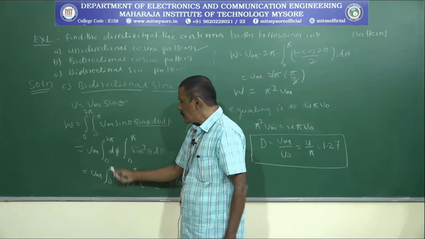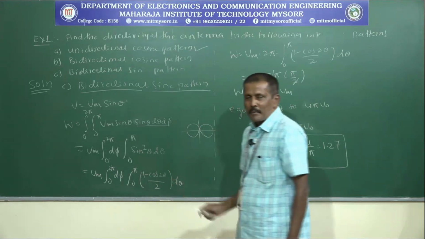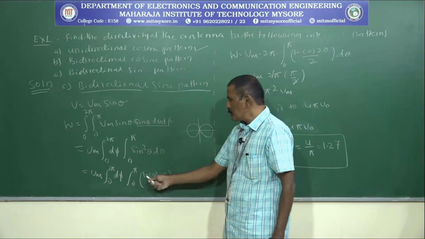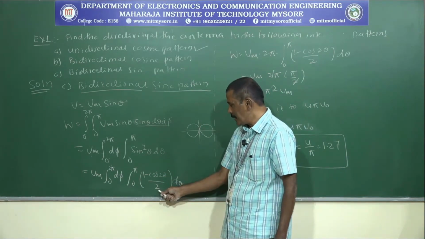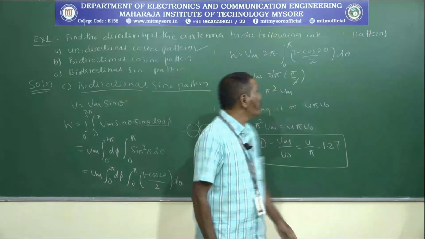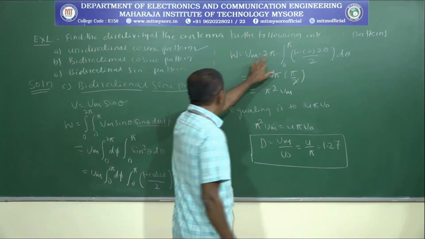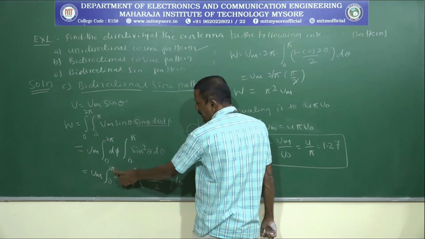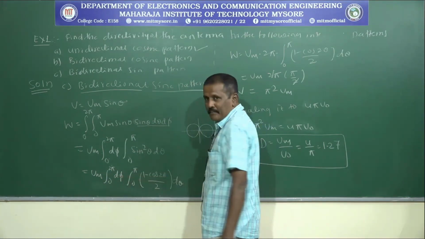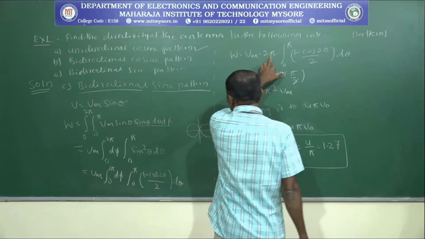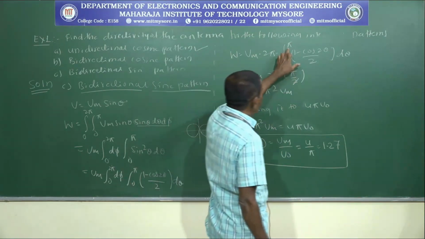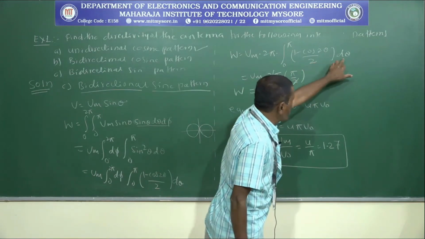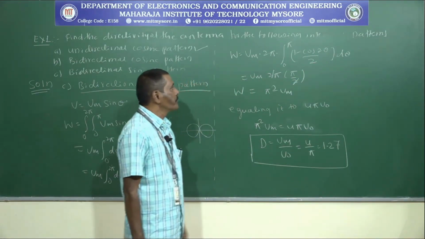Now, the integral of 0 to 2 pi d phi. From trigonometry, sin square theta is equal to (1 minus cos 2 theta) divided by 2, d theta. This is equal to 2 pi, that is the integration from 0 to 2 pi of d phi, so the value is 2 pi, and the integral from 0 to pi of (1 minus cos 2 theta) divided by 2 d theta.